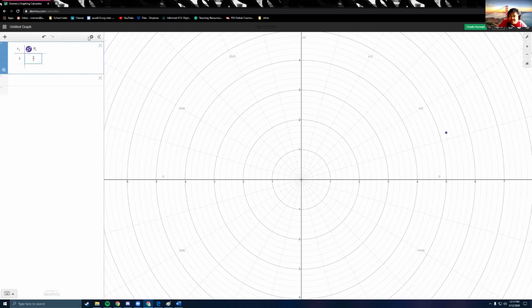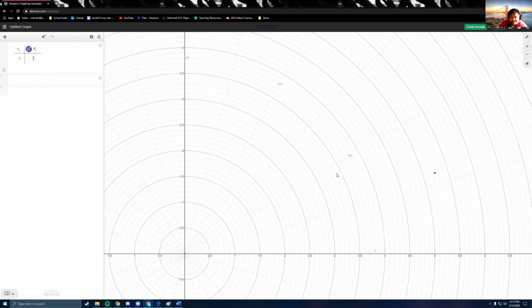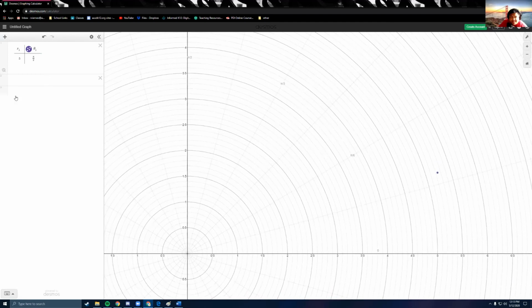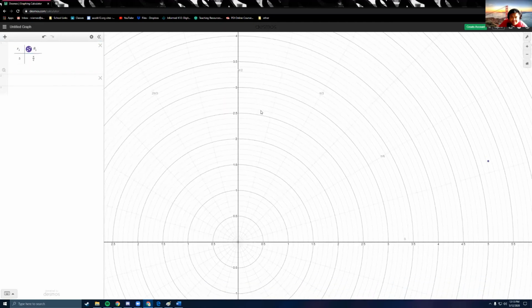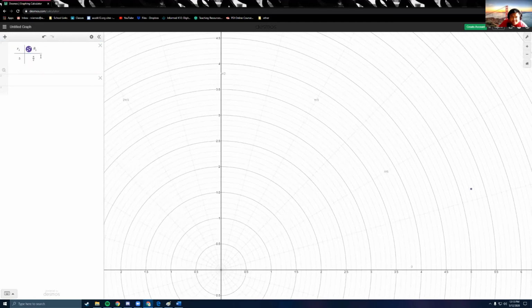Wait, what? That's not 5 pi over 2. Whoa, technical difficulties. Is this treating it like, whoa, that is really wrong. I'm probably not using this table function correctly. That is so not 5 pi over 2.